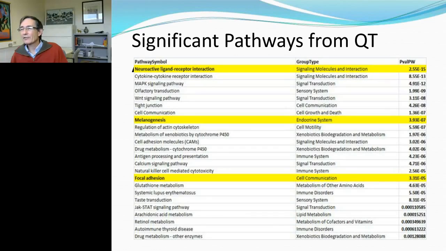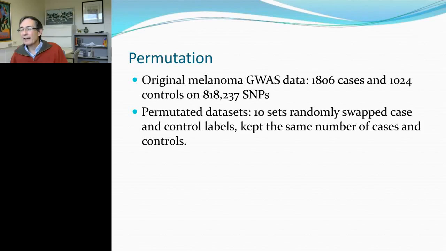Which I thought was very exciting, but on further evaluation of these pathways, I noticed that some very lengthy pathways were rising to the top. Although the neuroactive ligand receptor interaction pathway is kind of interesting, it's not something that I necessarily would have thought of as my top hit. Because I was a little anxious about that, we decided to permute the data.